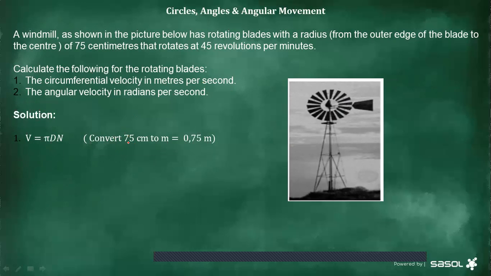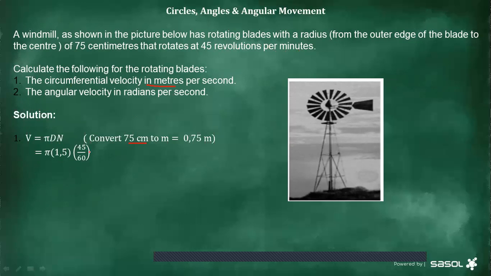The 75 centimeters, because now the answer we have to give for the circumference is in terms of meters per second. Then we have to convert centimeters to meters, which is we divide by 100, then it's 0.75 meter. Then we also have to convert this 45 revolutions per minute to revolutions per second.